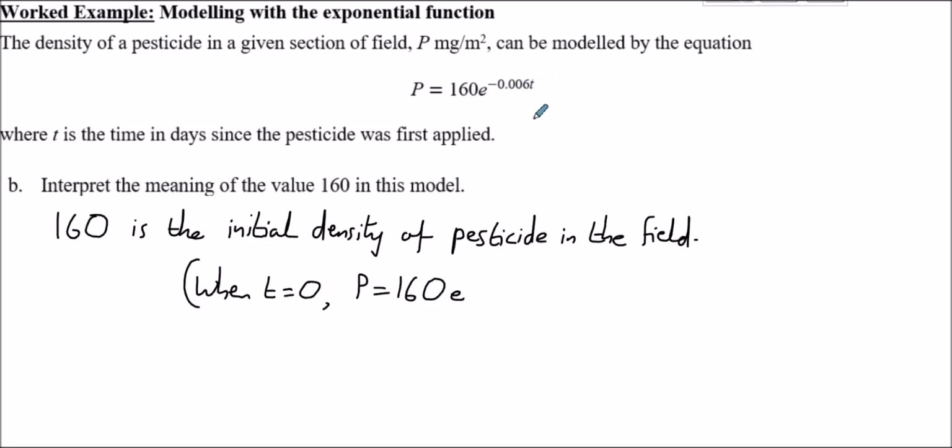So it's going to be e to the minus 0, which is the same as e to the 0. Anything to the power 0 is obviously just 1. So then we have 160 multiplied by 1, which is just 160. So this is the density when t is equal to 0.